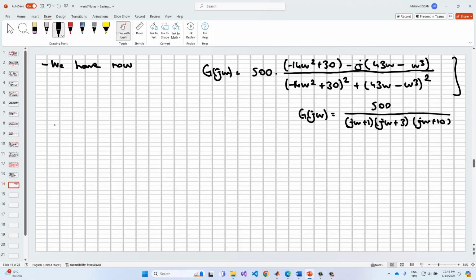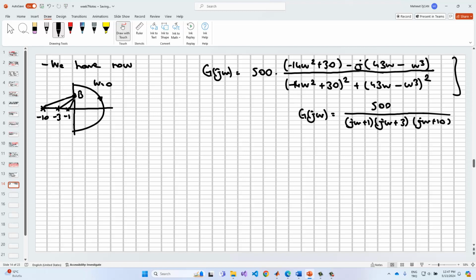In order to draw the plane, we must first draw the s-plane here. On this s-plane, for example, we can draw the contours just like this one. ω equals 0, and then we can select minus 10, minus 3, and minus 1. These are the open loop poles, right?